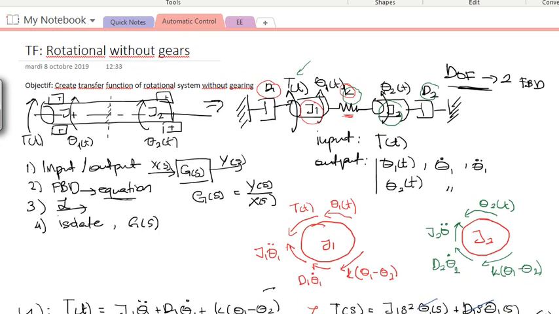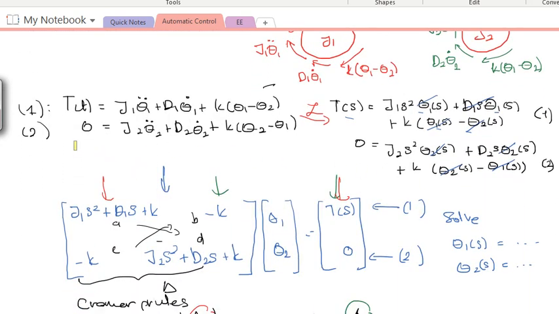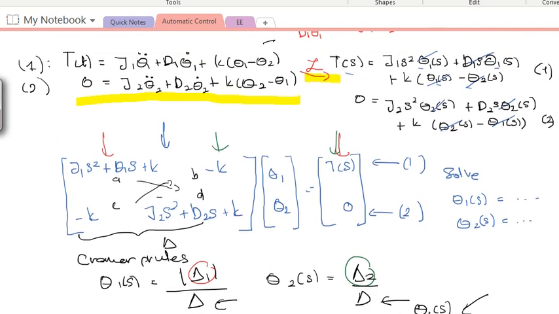So I recap again. You need to identify what your input and output are. Then you need to do your FBD, right, over here. And once you do the FBD, you need to write the equations and then transform them into the frequency domain.